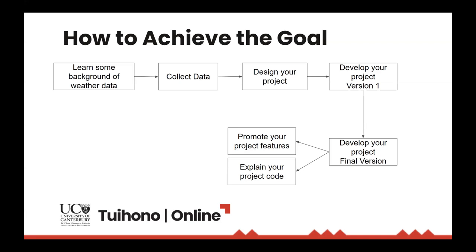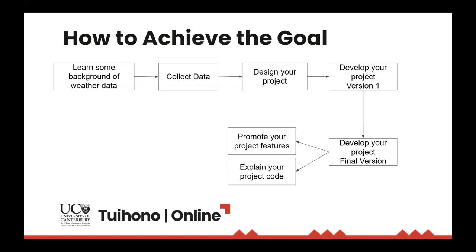After your project is done, then you need to promote your project features to your audience. When I find some patterns from the furniture dataset, I need to report to my boss, and they will make some decisions. You need to promote your project features. And besides, you need to explain your project code. For example, if your boss knows something about code, you need to explain your code structure, your project structure.